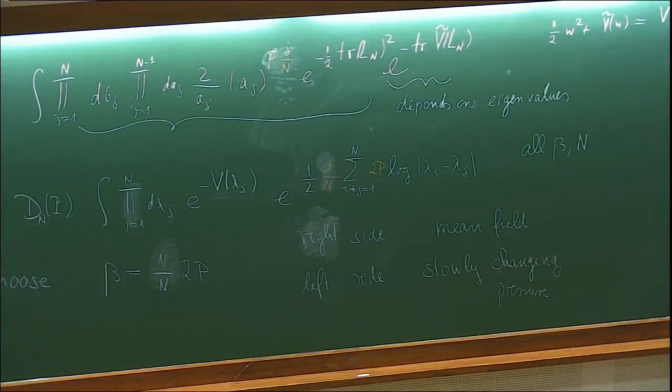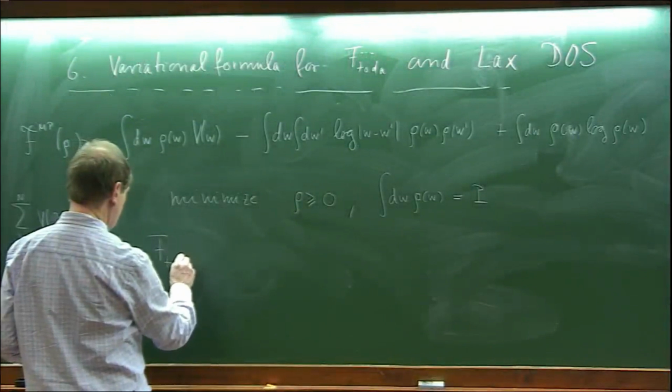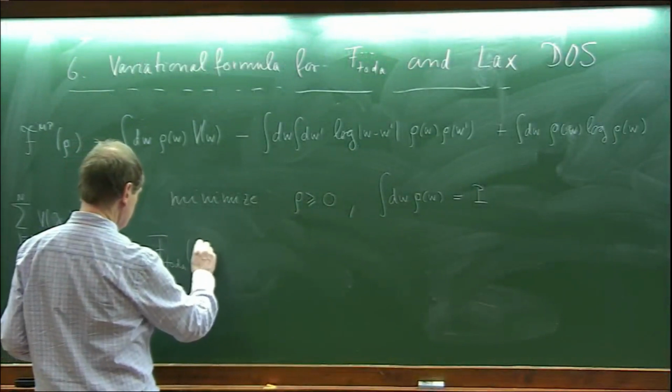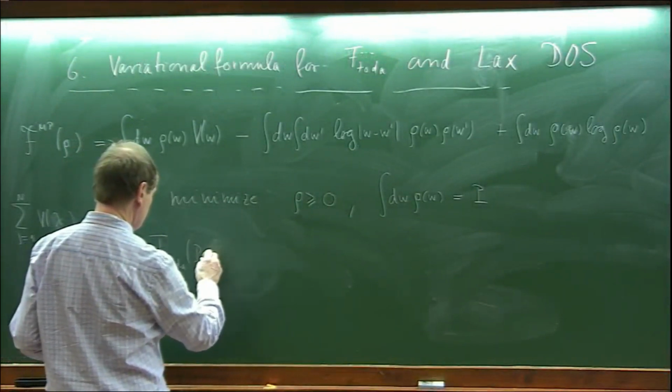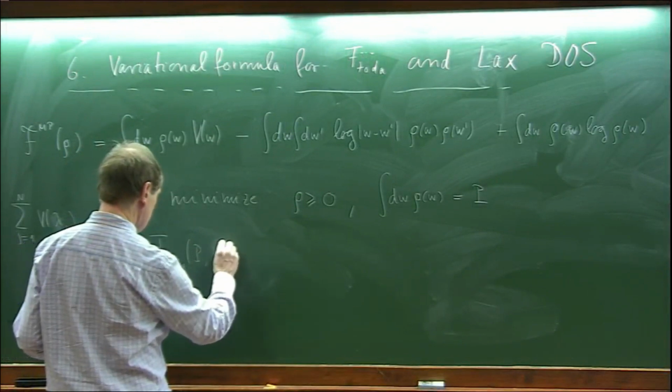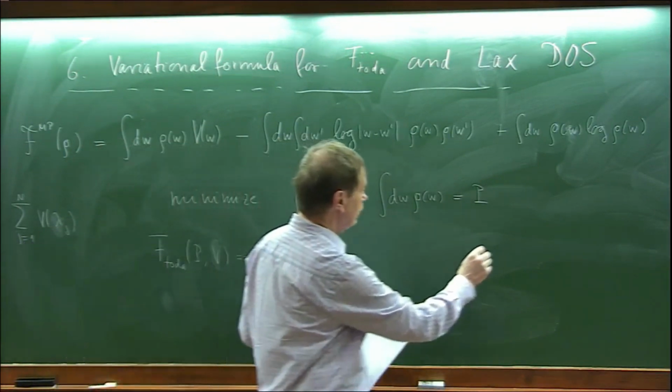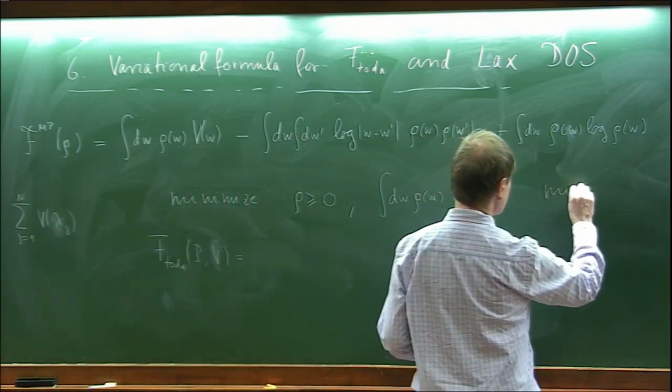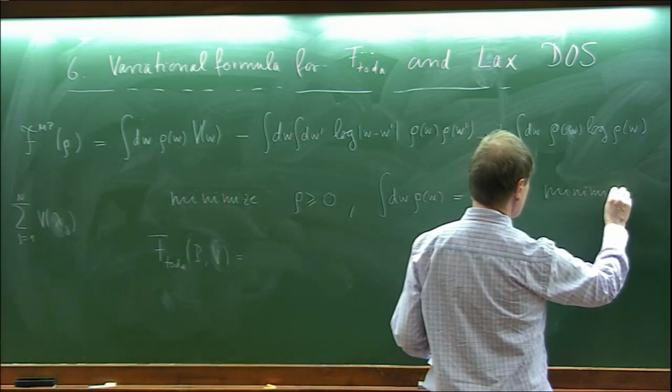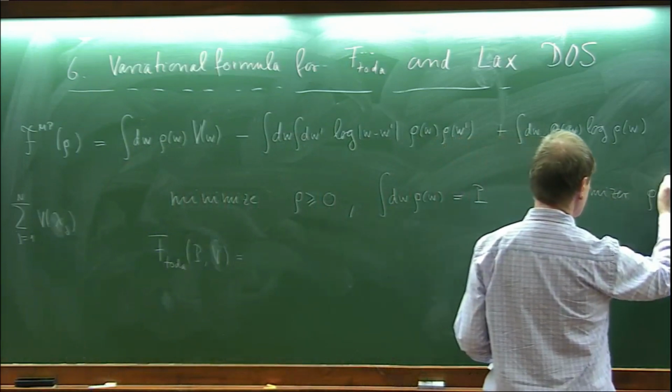So now you have to minimize this object, and more precisely, the Toda free energy of p and v is, let's call the minimizer, which is actually unique, rho star.